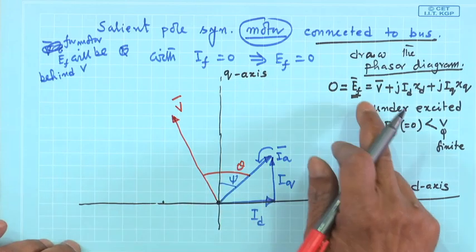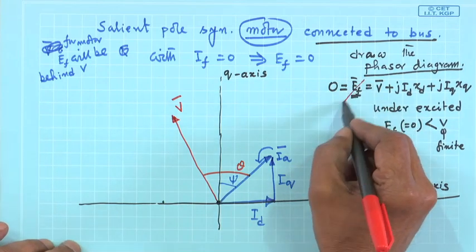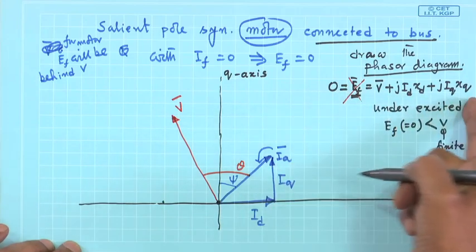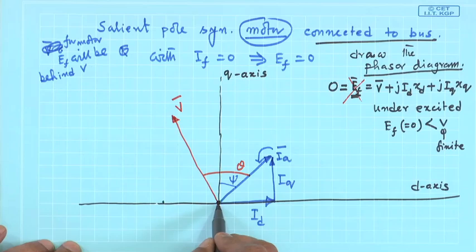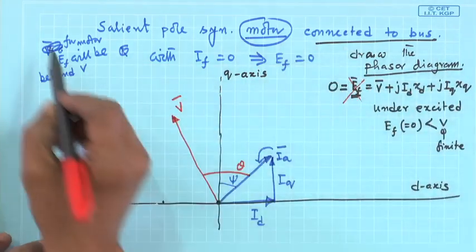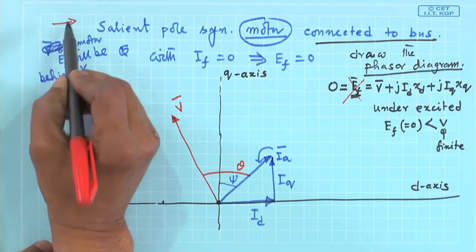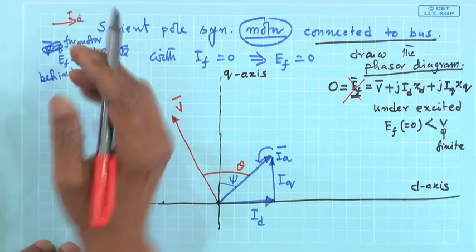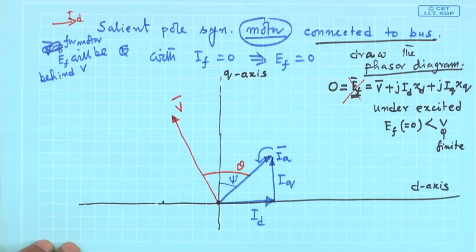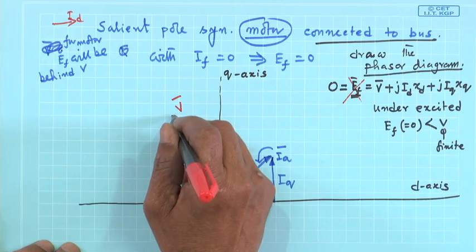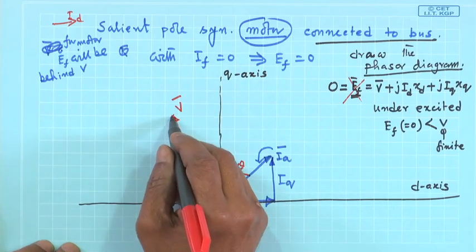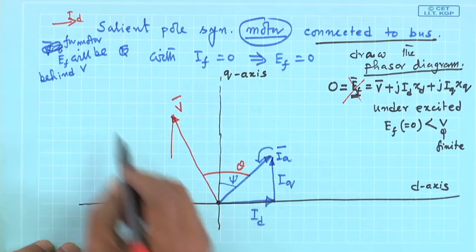Then I have to add to this, it is 0, Ef is not there. So, 0 is equal to this. So, V plus j Id Xd. So, Id is along this, if it is like this Id, then j Id Xd will be like that, like this.